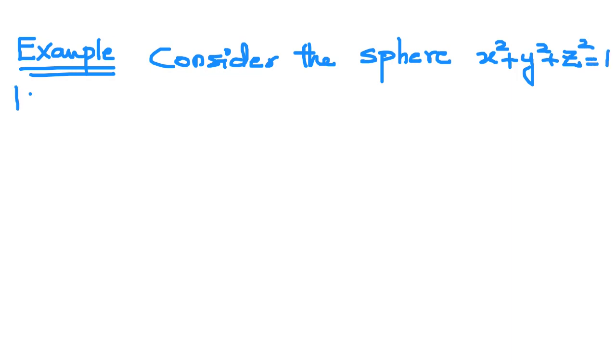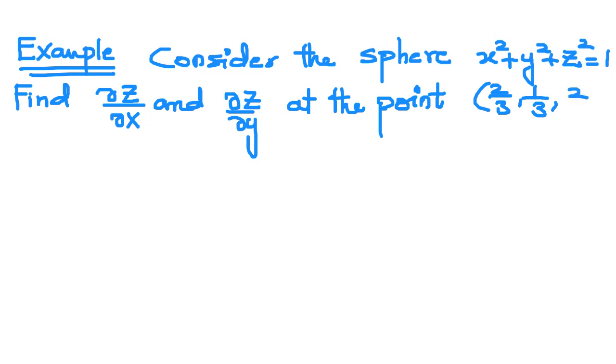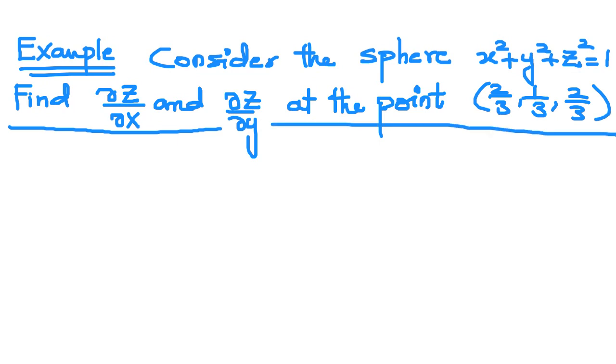Okay, and you have to find the partial derivative of z with respect to x and z with respect to y at the point 2 by 3, 1 by 3 and 2 by 3. You have to find the partial derivative, and after that you have to substitute this point.